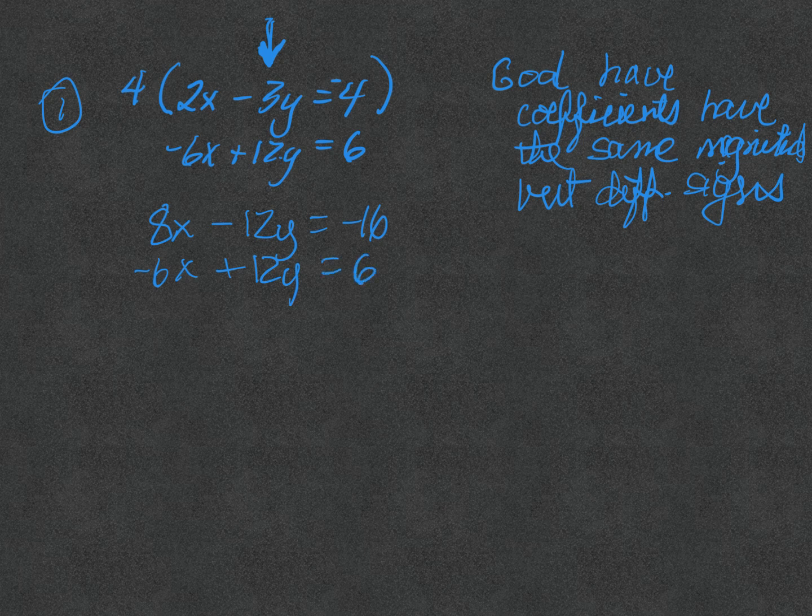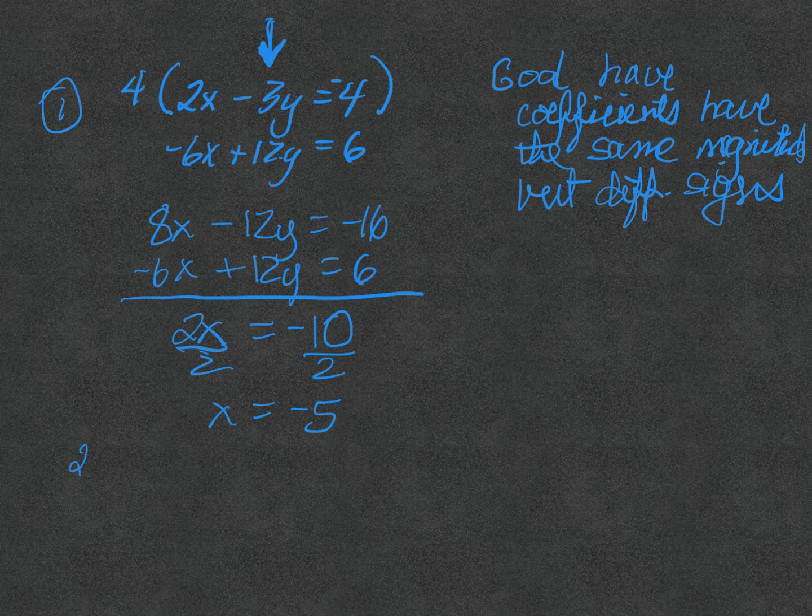And now we can eliminate a variable by adding the equations together. 8x plus a negative 6x is 2x. Negative 12y plus 12y is 0, and negative 16 plus 6 is negative 10. And then we divide both sides by 2, and we get x equals negative 5.